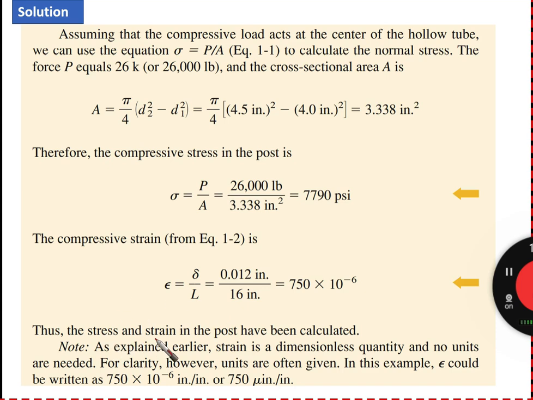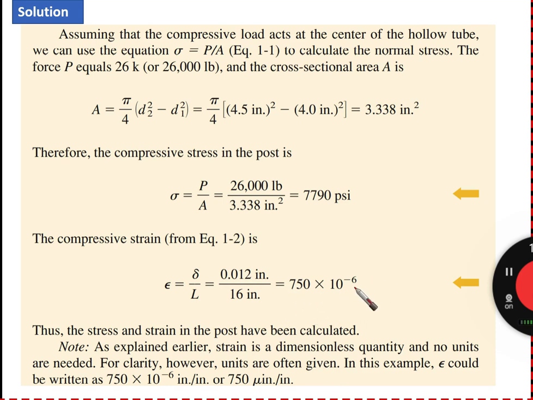Thus stress and strain in the post have been calculated as we wanted. Note, as explained earlier, strain is a dimensionless quantity and no units are needed. For clarity, however, units are often given, even though there are no units here.